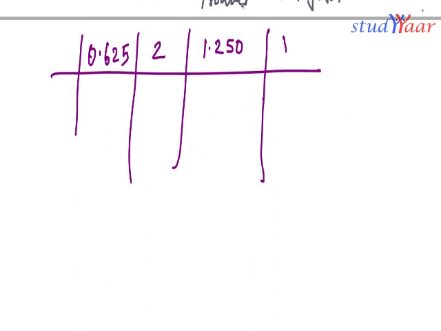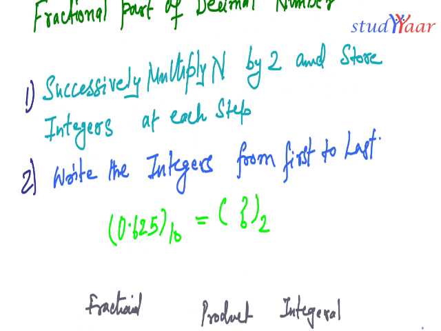Now we are going to repeat this step successively until I get 0 as the fractional value. So I'll just add one thing over here: repeat this until 0 is got as fraction.